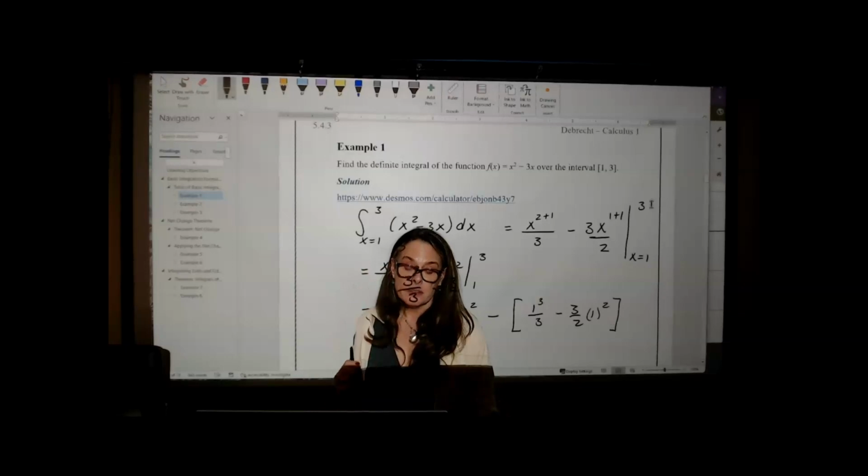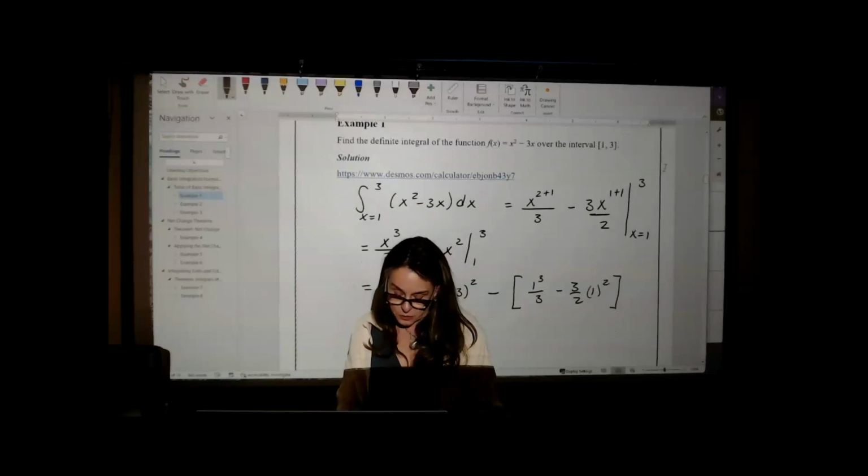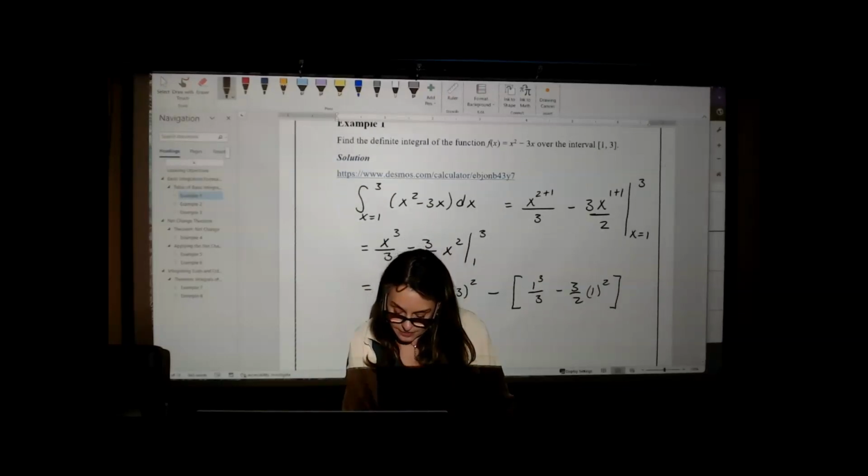Simplifying each one, 3 cubed divided by 3 is 3 squared, or 9. And in the next, I end up with 3 cubed over 2, which is 27 halves.